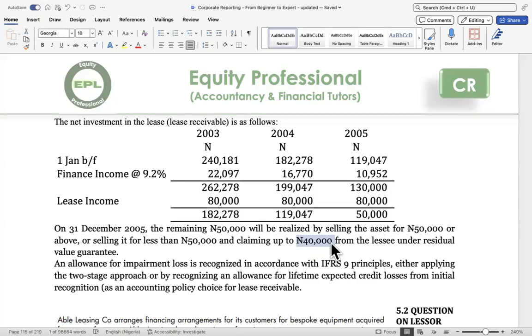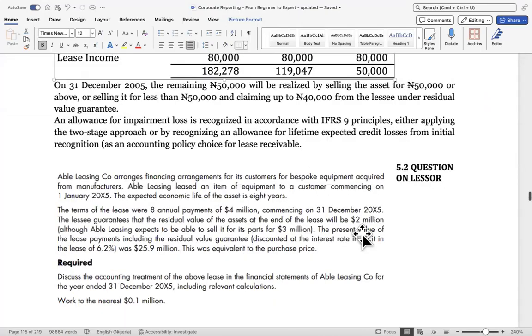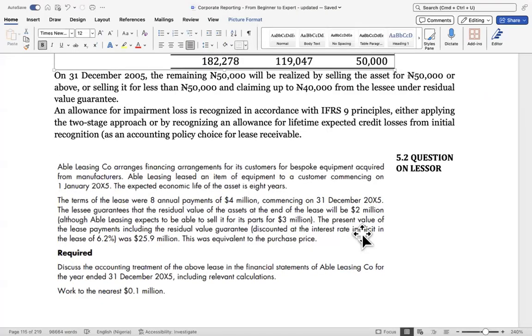Whether he's now able to get the remaining 10,000 or not, it's really not up to us. But that's the meaning of this 50,000. It's just the value of his investment. So if it is liquidated, fine. If it is not, he's sure he will get 40,000. He is going to debit cash with 40K and credit the investment in the lease with 40K, and the remaining 10K would sort itself out.